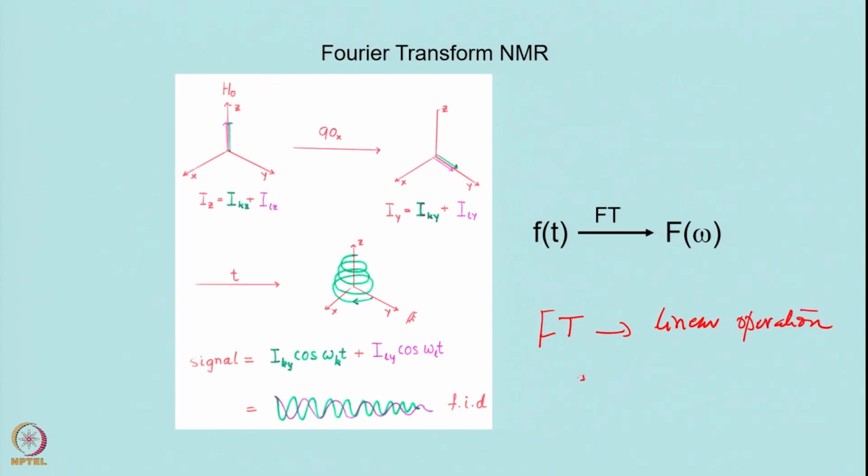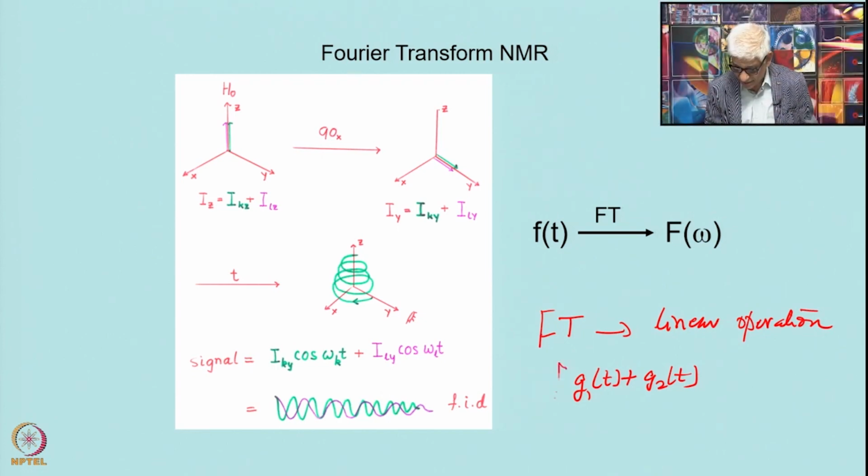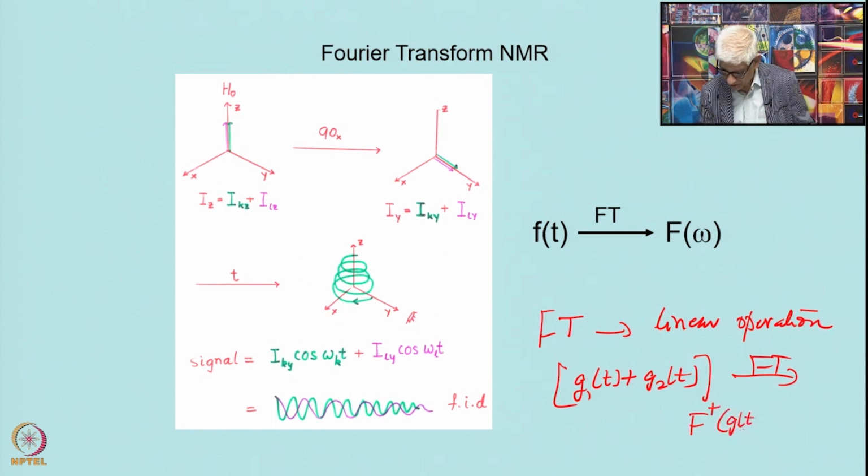That means if I collect two FIDs, g1 of t and g2 of t, both the same, I collect the FID, then again apply a pulse, collect the FID, apply the pulse, collect the FID, I can keep on doing this as many times as I want. Then if I take the Fourier transform of this, it is the Fourier transform of g1 of t plus the Fourier transform of g2 of t.